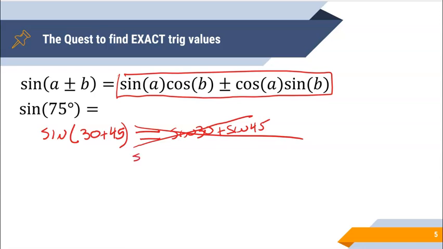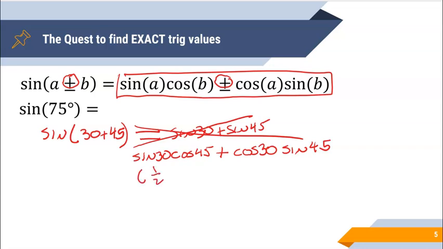So it would be the sine of 30 cosine 45 plus, because again, when we're adding the 2 angles in this formula, we're adding these 2 pieces, cosine of 30 sine 45. Well, 1/2 times root 2 over 2. And then cosine of 30 is root 3 over 2.